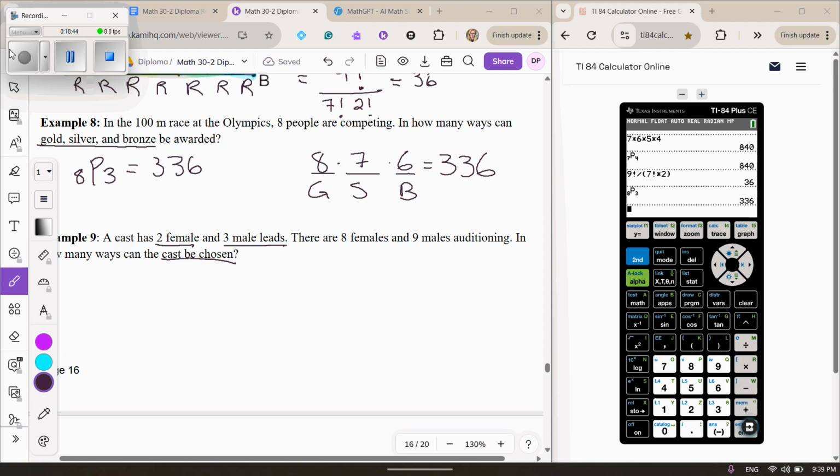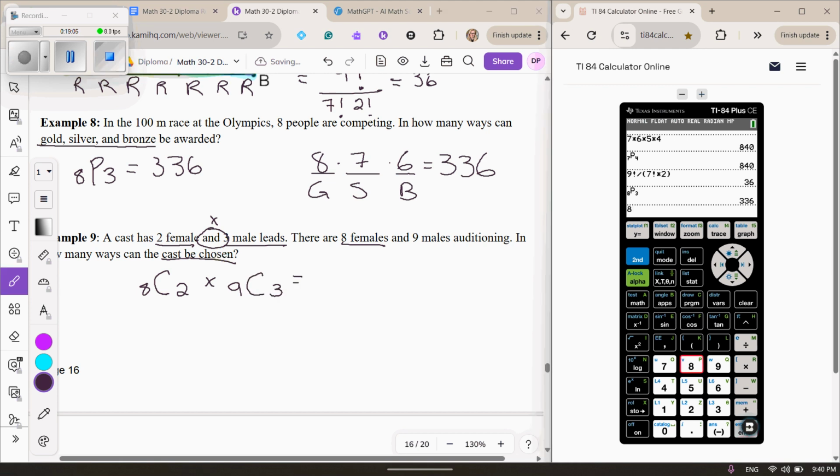So we have 8 females, and we will be choosing 2 of them. We have to use combinations. And remember that the word and means multiply. So we're going to multiply that by 9 males, and we choose 3 of them.